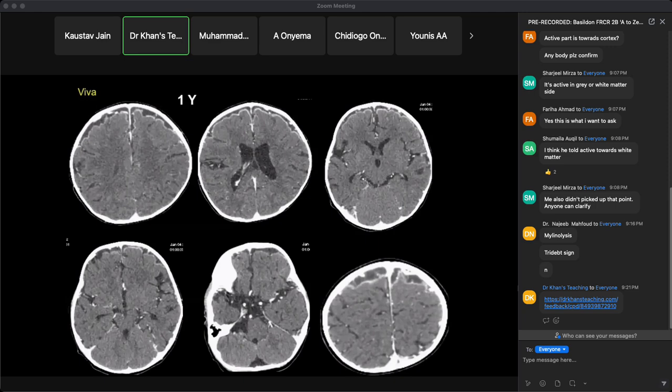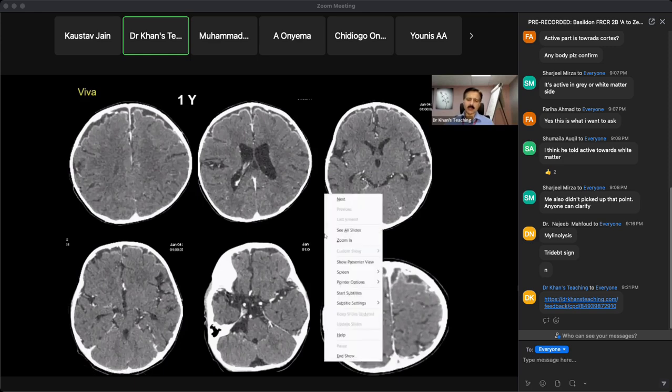There is generalized contrast enhancement, most notable in the frontal lobes bilaterally. Describe this enhancement to me, where it is. I want to hear anatomy.